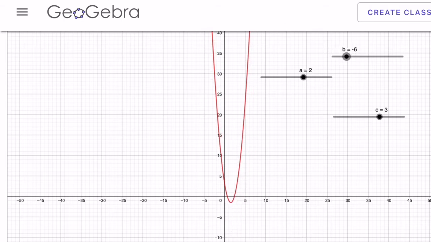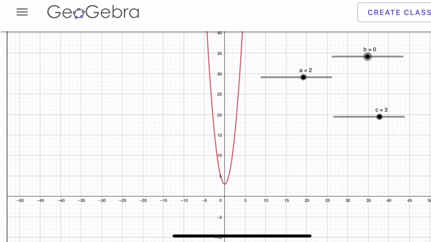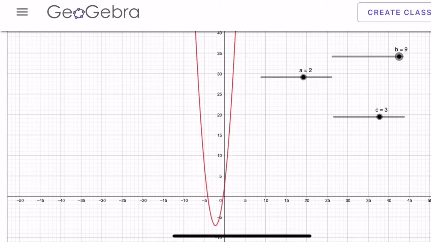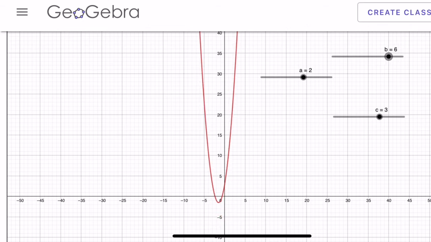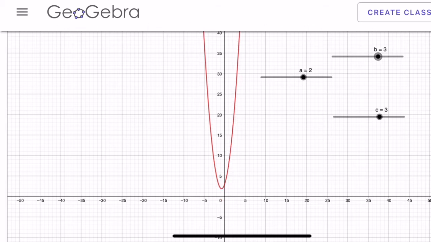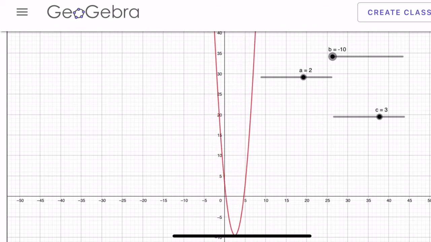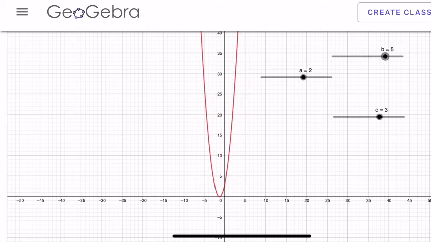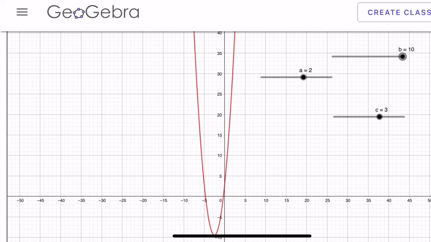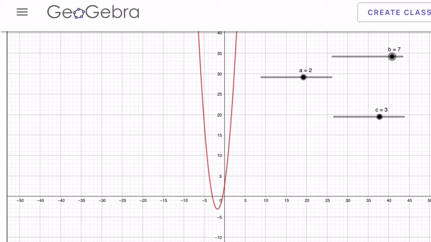When I go to the positive value, the graph will go to the left-hand side of the y-axis. It goes against me. If I go to the left, it will go to the right. When I go to the right, it will go to the left. That is the effect of changing the value of b.